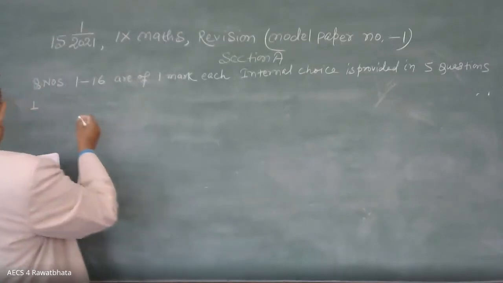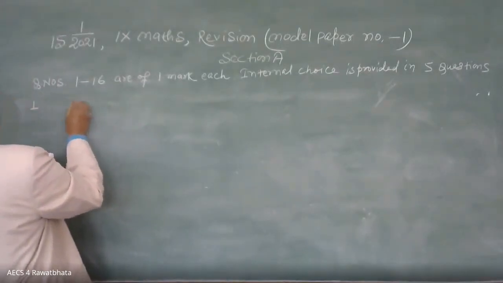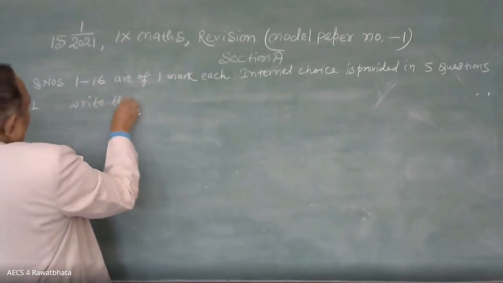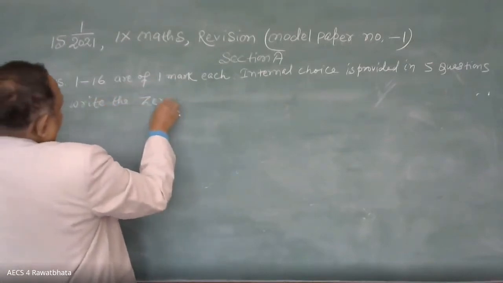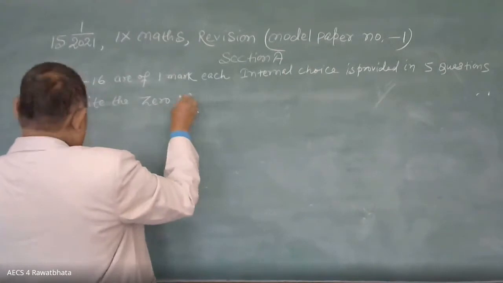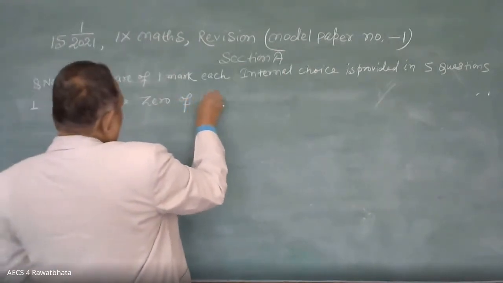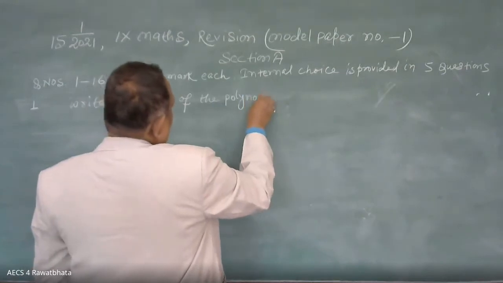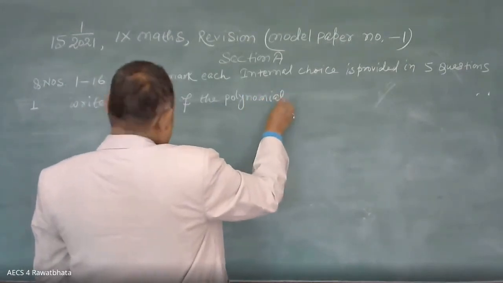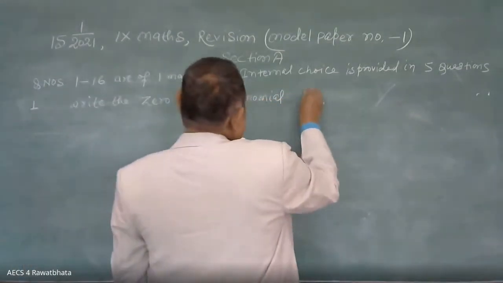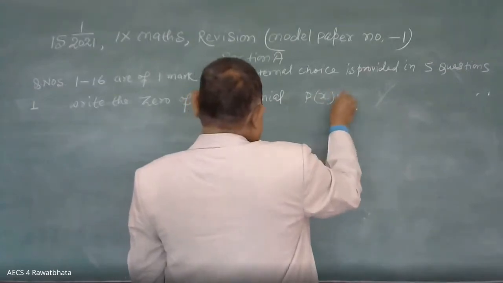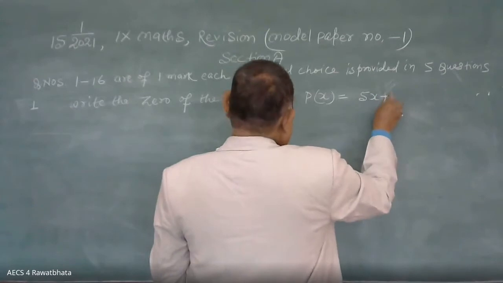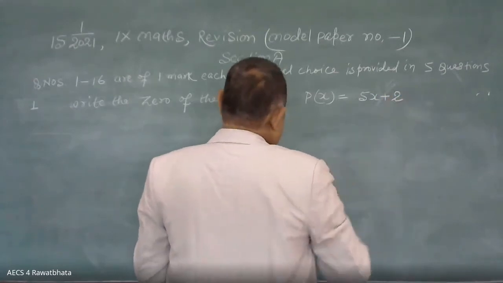Write the zero of the polynomial P(x) is equal to 5x plus 2.